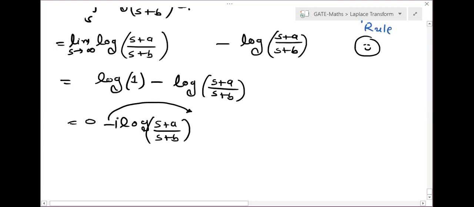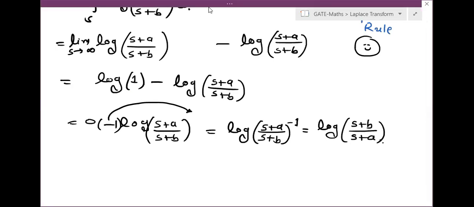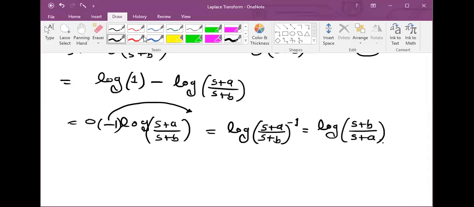Minus is nothing but minus 1, or not? So if I take this minus 1 as the power of the inside value, log s plus a by s plus b whole to the power minus 1, this will be your log s plus b by s plus a. Is it clear now? Please give me some response.